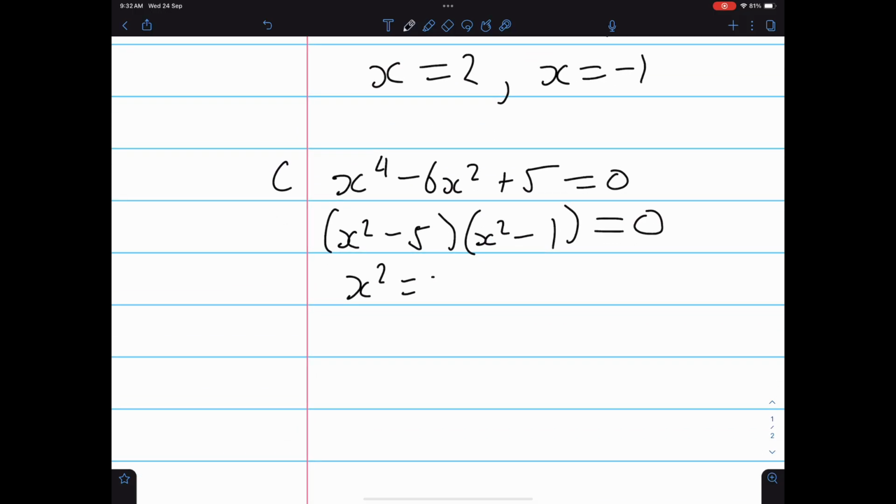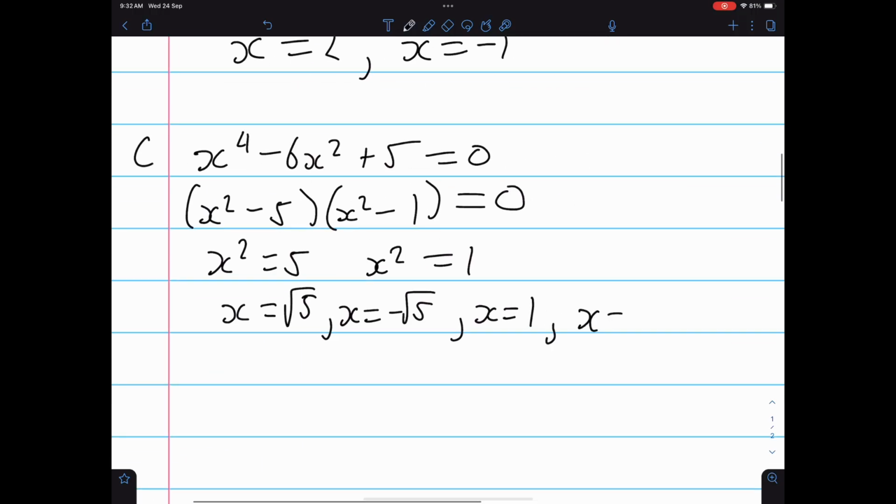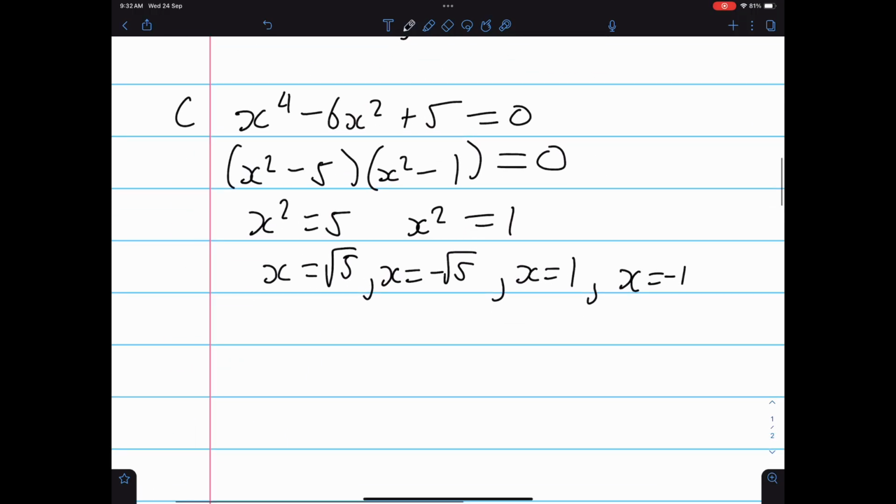And so instantly you cut out the middleman, and x will either equal root 5 or minus root 5, or 1 or minus 1.